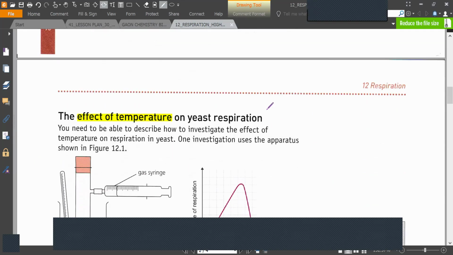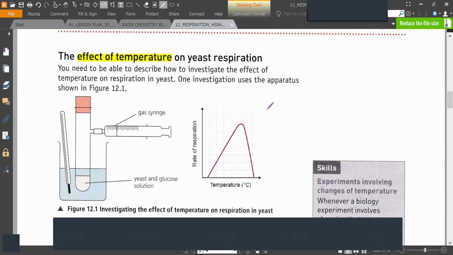Respiration is very temperature dependent because it depends on enzymes, which are the substances that help respiration to happen.